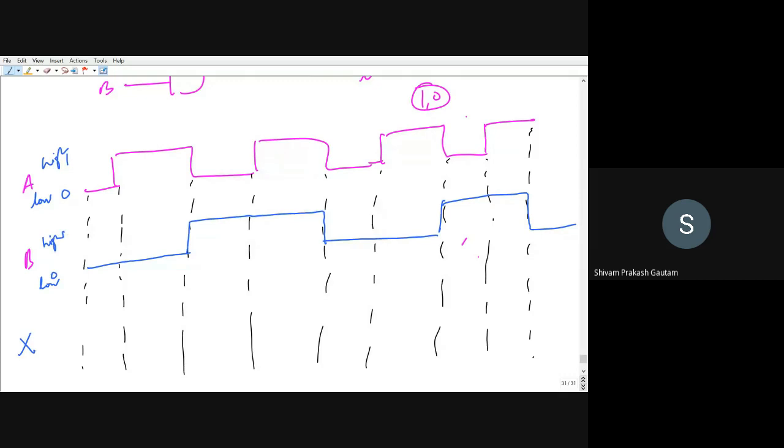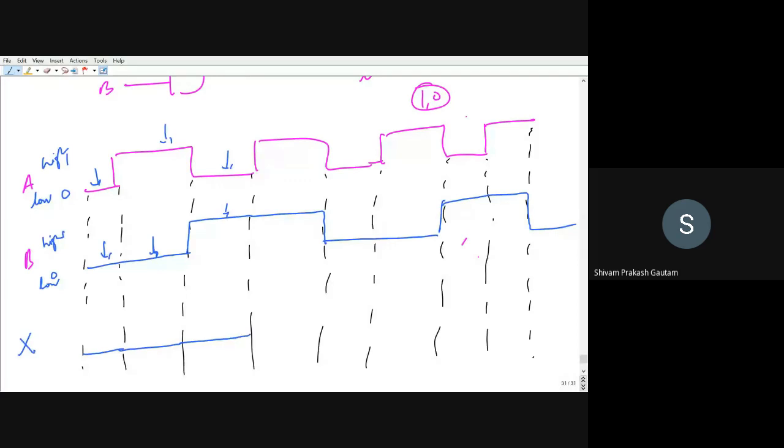So if you see, match these. Right now A is 0 in this condition, and B is also 0 in this condition. So 0 AND with 0 will be equal to 0 itself, right? For the output of an AND gate to be high, both the inputs should be high, right? In the second case, here it is 1 and here it is 0, so again it is 0. Here again it is 0, but here it has become 1, but the output will be 0 itself.